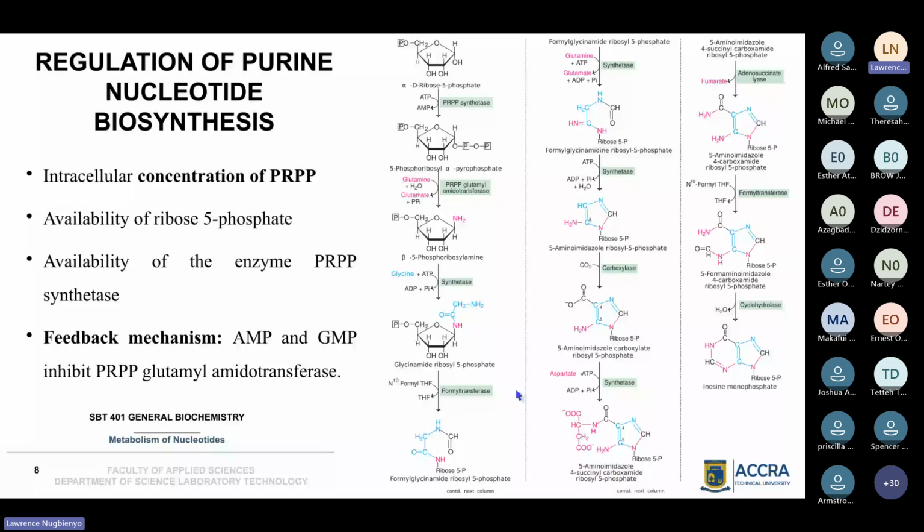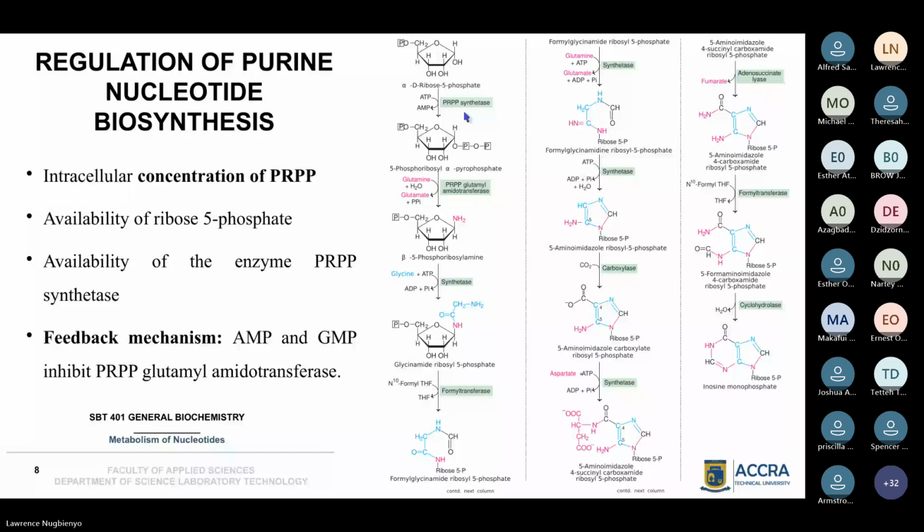Then you also need at least the very first enzyme, the phosphoribosyl pyrophosphate synthetase, that is involved in that first phosphorylation reaction to give you the phosphoribosyl pyrophosphate. You need these two for the initiation of the reaction to occur.